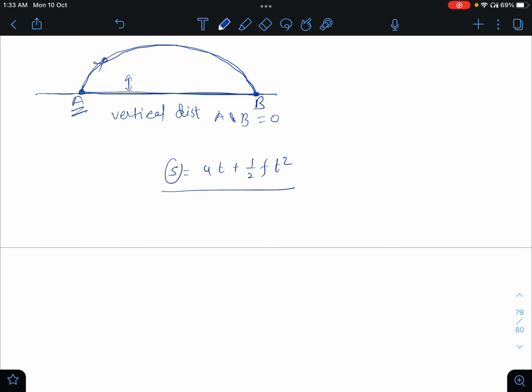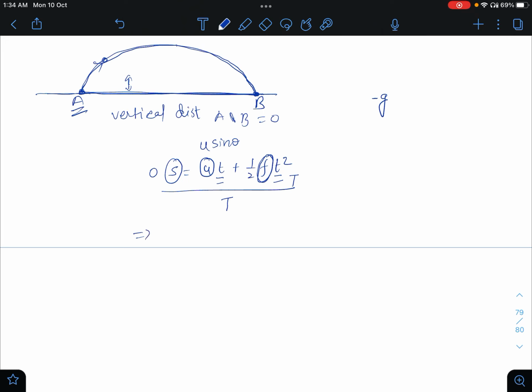In the vertical direction, this distance is 0 between A and B, and let this time be T, and f is acceleration, which here is minus g working downwards, and u is the velocity in the vertical direction, that is u sin theta.